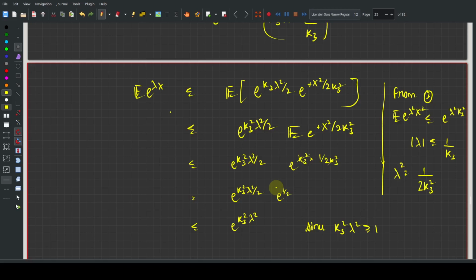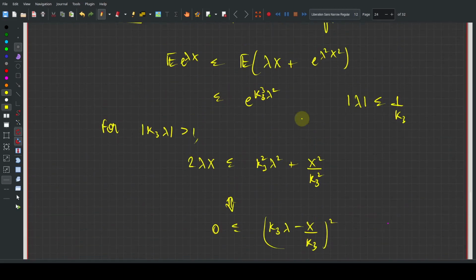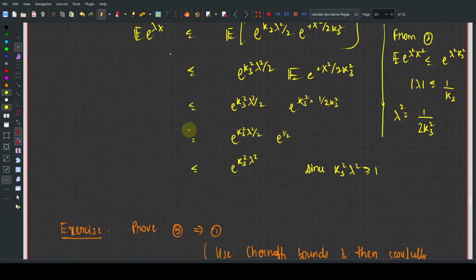Right, but right now I'm assuming that k3 square lambda square is greater than or equal to 1. Basically, I'm looking at the case where k3 lambda is greater than 1, or k3 square lambda square is greater than 1. So e to the half is less than or equal to e to the k3 square lambda square divided by 2.